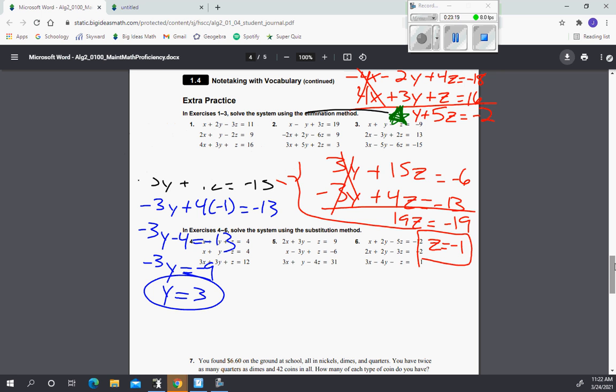Now we just have to plug those two into one of our original equations. I'm just going to go with this top equation. X plus 2 times y, which is 3, minus 3 times z, which is negative 1, equals 11. Solve, we get x plus 6 plus 3 equals 11.